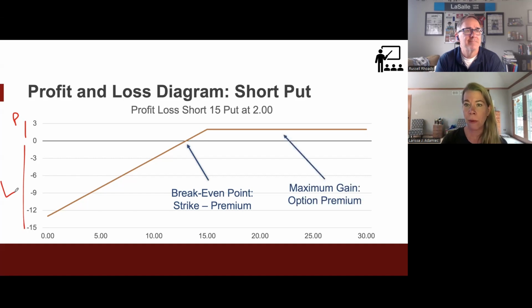Our maximum gain is the amount that we sold the option for. So we receive that cash flow immediately. We have the ability to use it. And the most we can make on this option is $2. Our maximum loss then is that strike minus the cash flow that we had coming in, which is from the price that we sold it at.